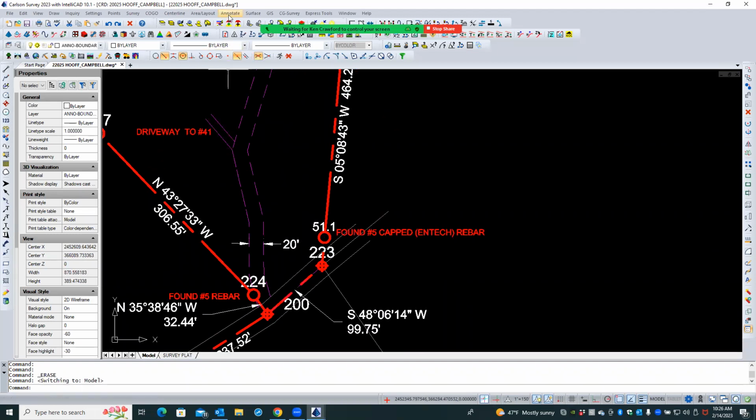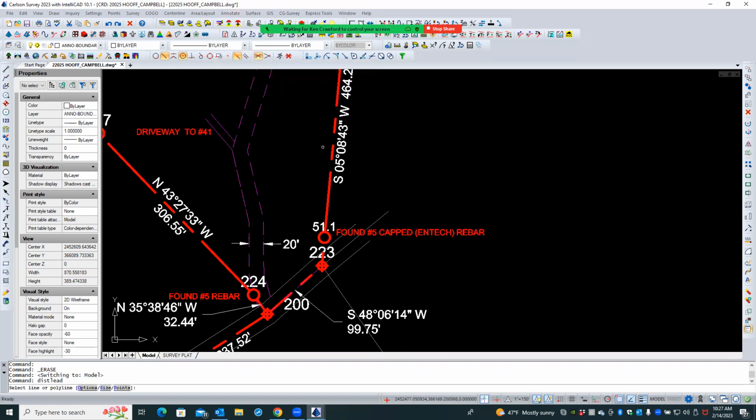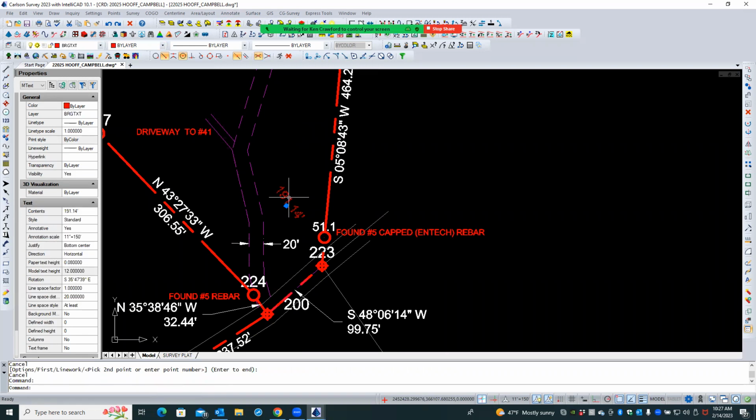Okay, annotate leader, distance with leader, points. Oops. No, I did that wrong. It's all right, just escape. Hit a wrong number. You're in the middle of the command there. There you go.